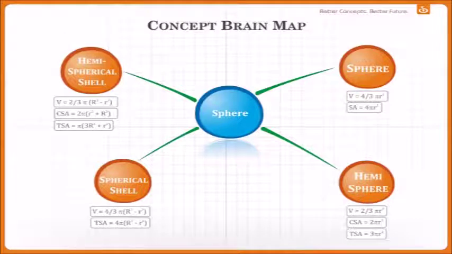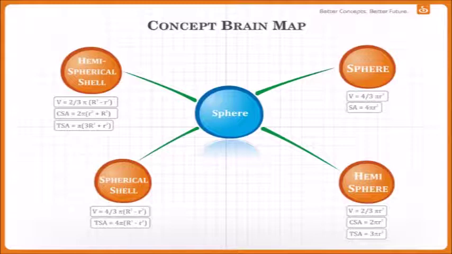Now for a hemispherical shell, the volume will be 2 upon 3 pi into capital R cube minus small r cube. The curved surface area will be the internal area plus the external area, that is 2 pi r square plus 2 pi r square. So 2 pi outside in the bracket small r square plus capital R square.